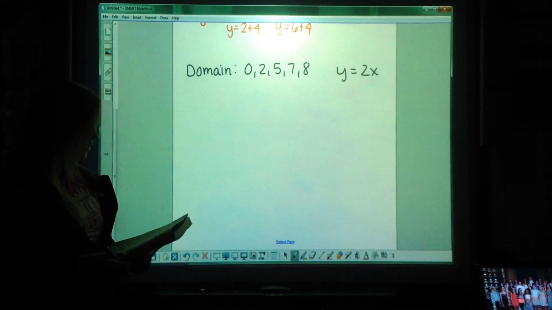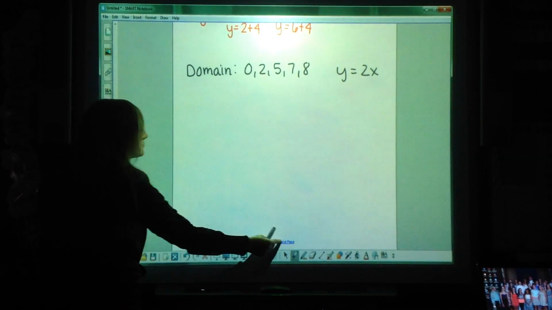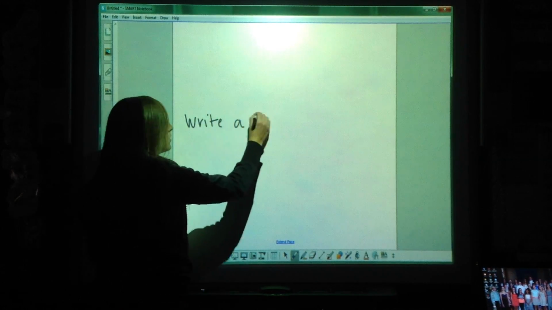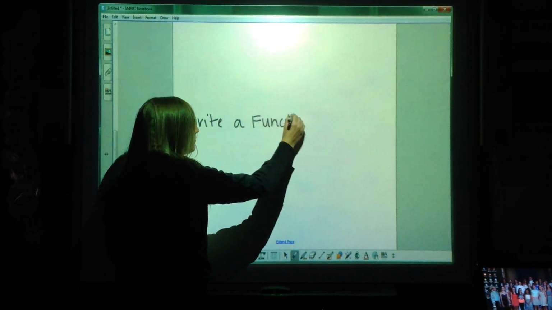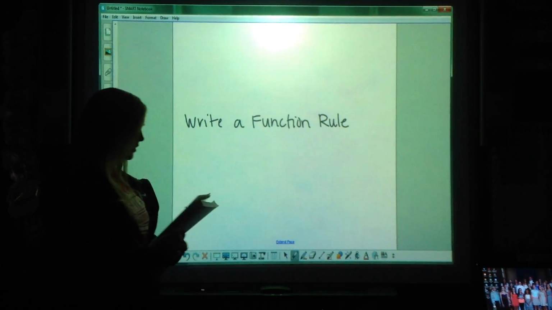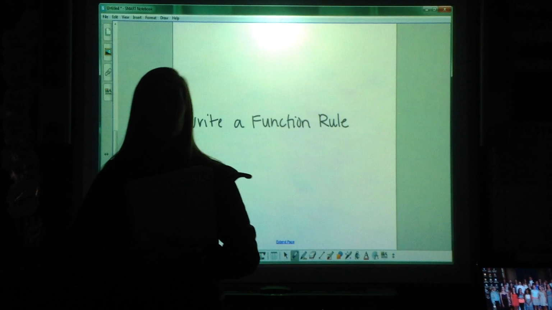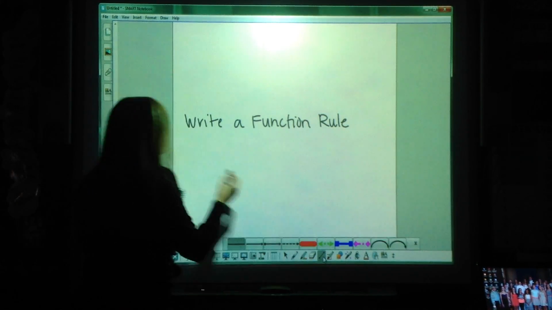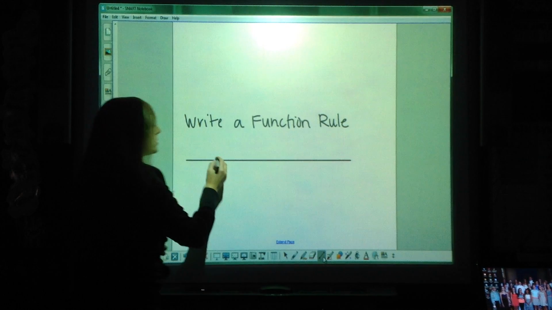Okay. Write a function rule. Your job is going to be to write the function, the actual equation. They're going to give you your chart again of your inputs and your outputs.